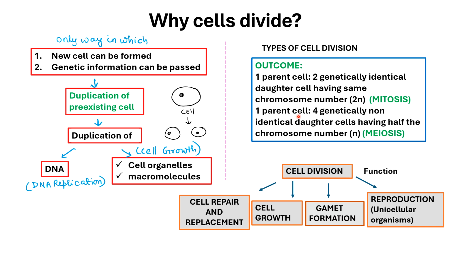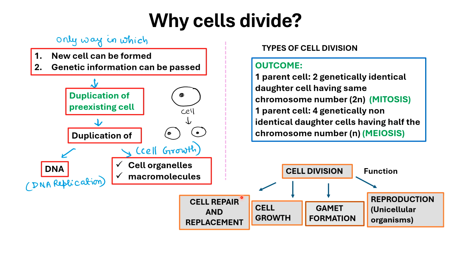Suppose we have a parent cell which has a 2n chromosome number. In meiosis, we will have daughter cells which will have half of the chromosome number. So mitosis is equational division, meiosis is the reductional division, and mitosis and meiosis are the two main types of cell division, right?